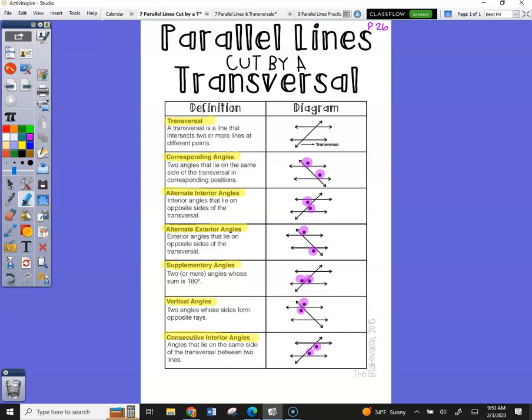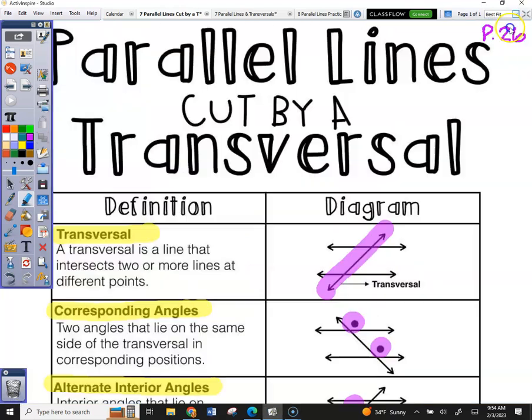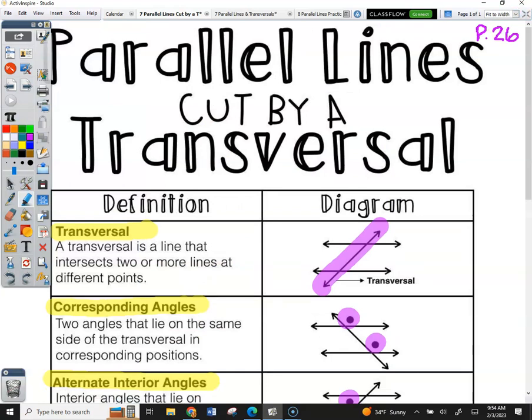In the first picture, I want you to highlight the one rogue line cutting across the two parallel lines. I want you to highlight that one. So we're done with the highlighting. Now I need you to just sit and listen.